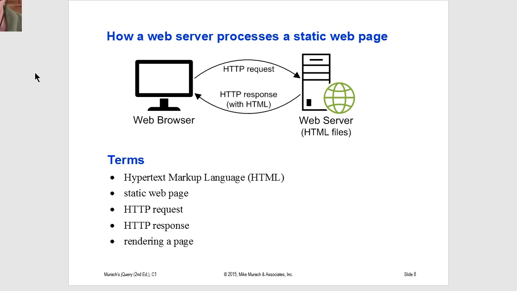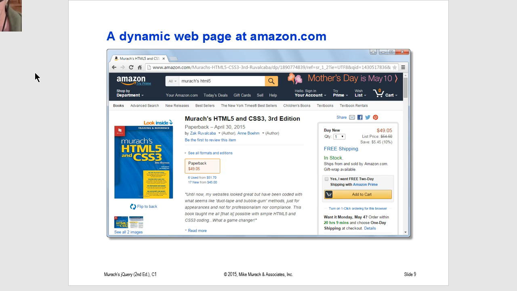What you would do is send a delivery truck from your computer out to the web server. The web server would then load up the web page into the back of the delivery truck and then send it back to your computer. And then your browser would see the hypertext markup language, all the HTML tags, and then it would interpret it and know how to display it. And that's called rendering a page.